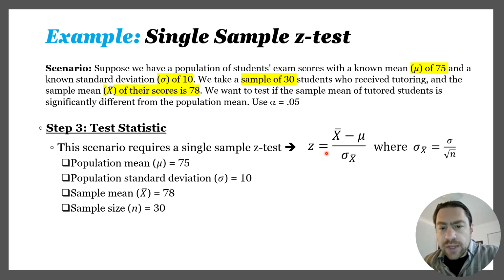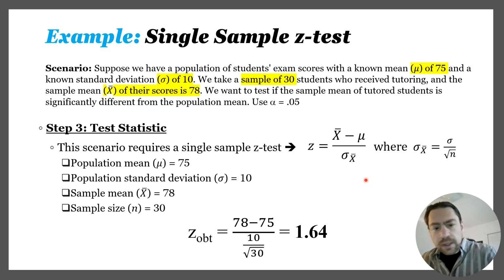If we were comparing a single score to a population, then we could just do a z-score using the population sigma. But because we're comparing a sample mean, we have to use the sampling distribution of the mean. So basically it's a z-score, but in the sampling distribution.